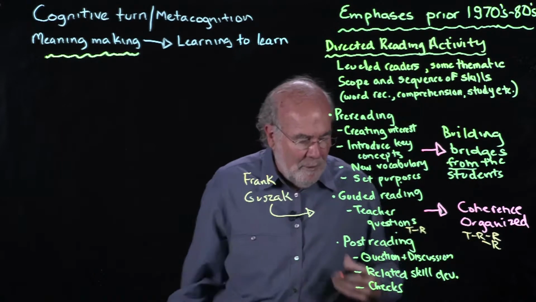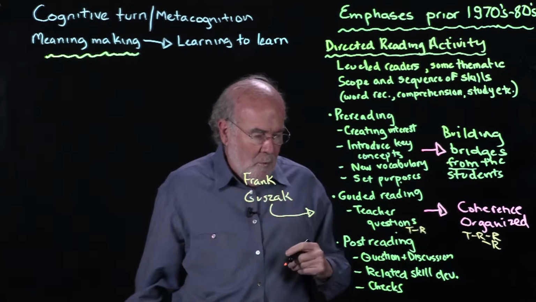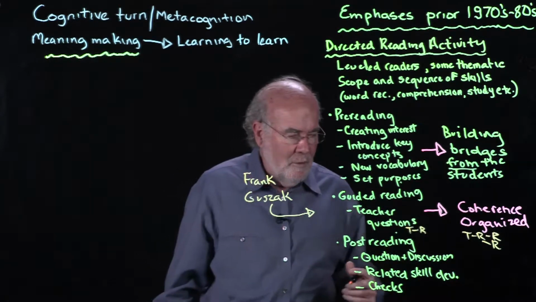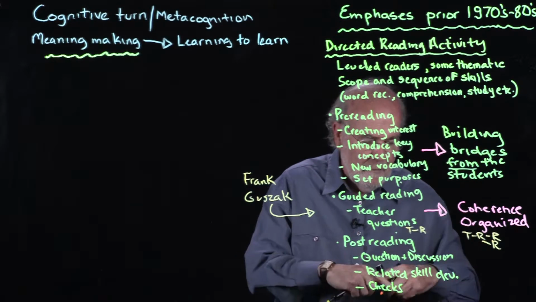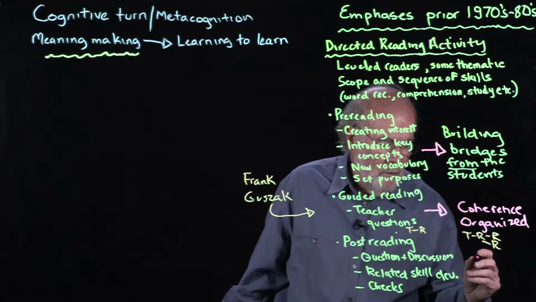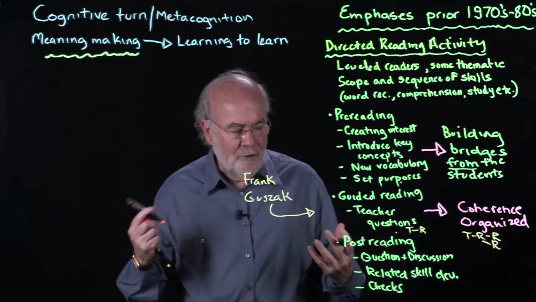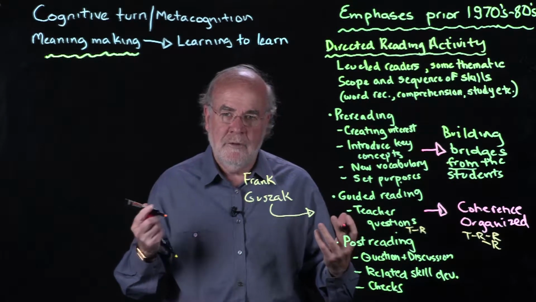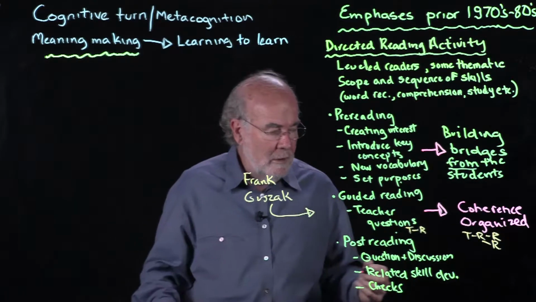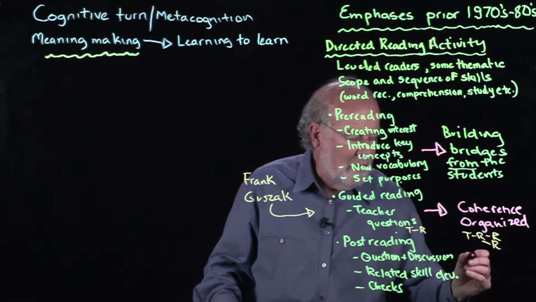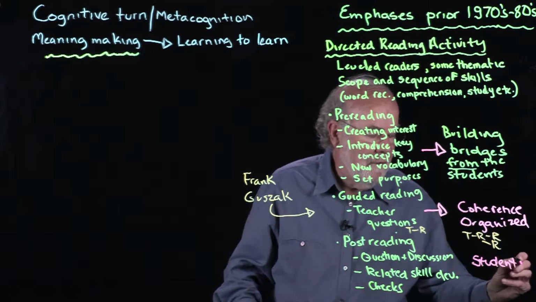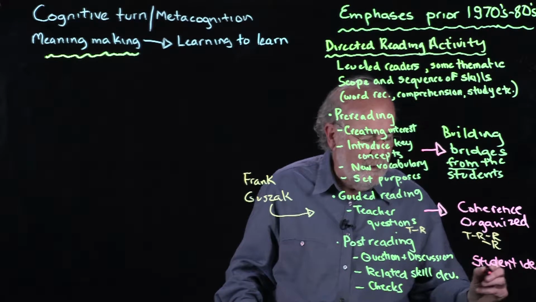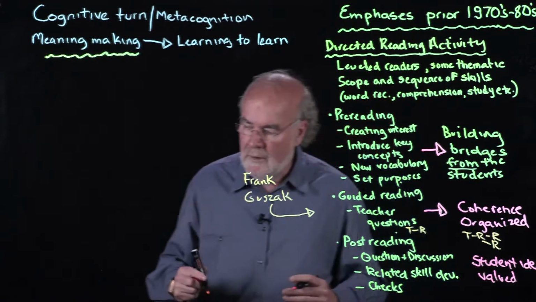And then in the post-reading, what also became a focus was much more emphasis upon discussion, whereby the students aren't trying to guess what the teacher wants them to say or recall, but a discussion where the students' ideas are valued and extended and applied.